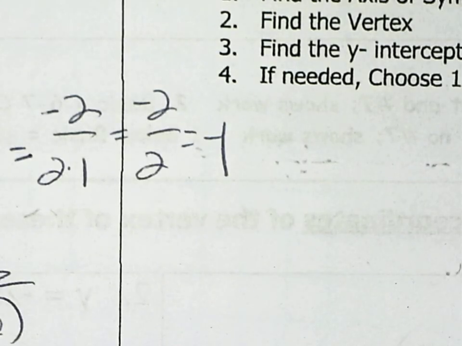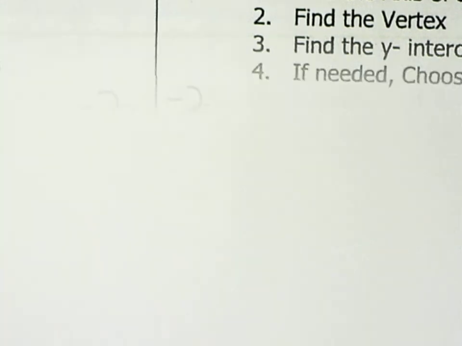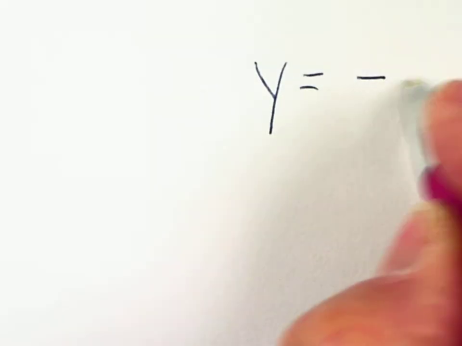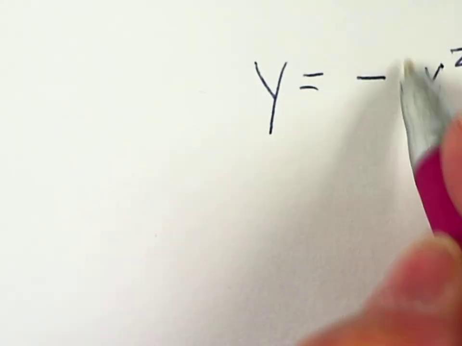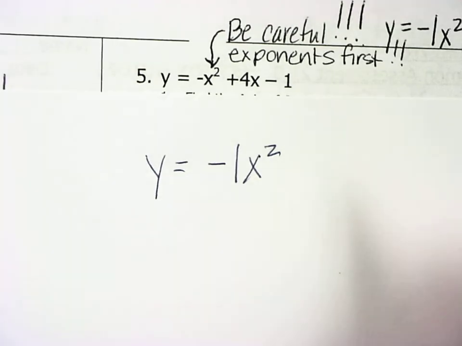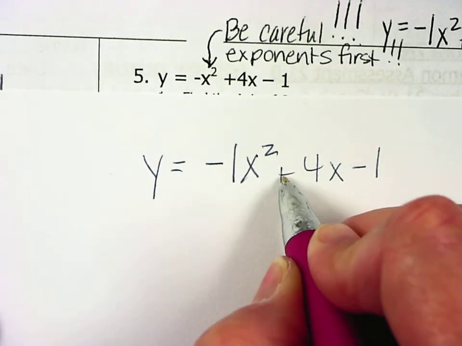Okay, it's in standard form. Now, I made a suggestion. When you see -x², let's put a 1 here, just to remind you that that's 1 times -x². This is in standard form.